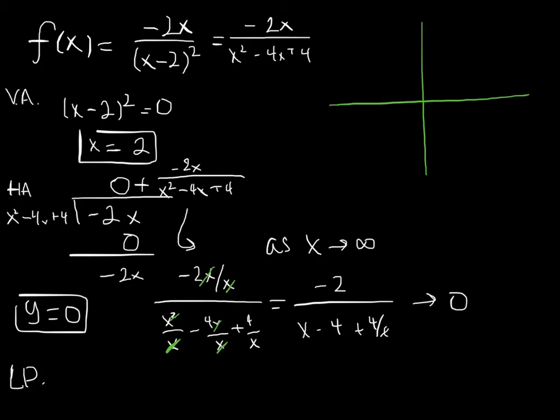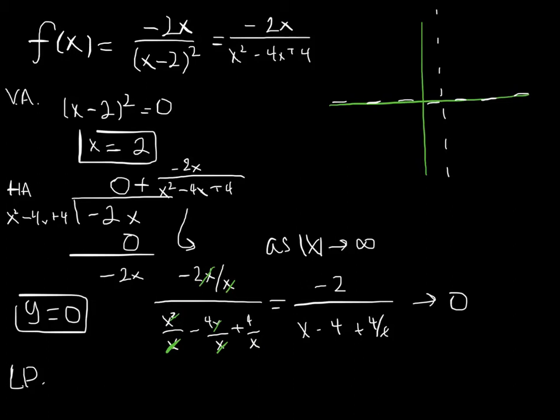Well, it's undefined when x is positive 2. And the horizontal asymptote is at y equals 0. And remember, that just tells me what's happening far out when I approach positive or negative infinity. I guess I should put the absolute value signs there.